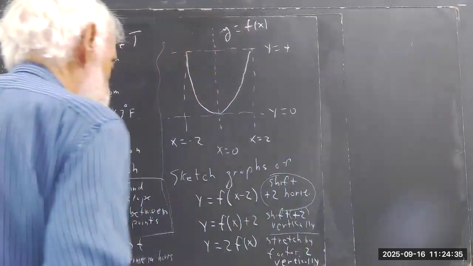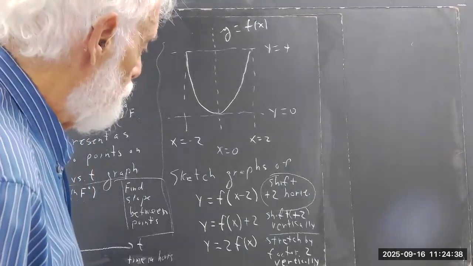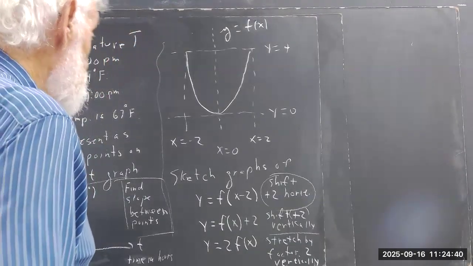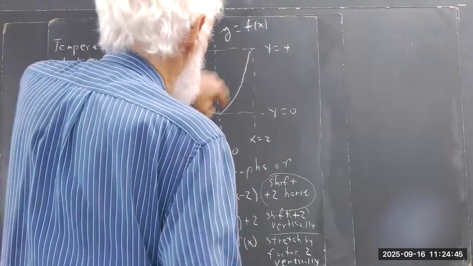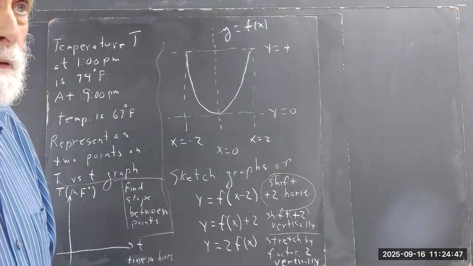That'd be hard to read too. It says stretch by factor 2 vertically. I tell my class, well, if this is in a window, you're just going to make that window twice as high and draw the same curve.